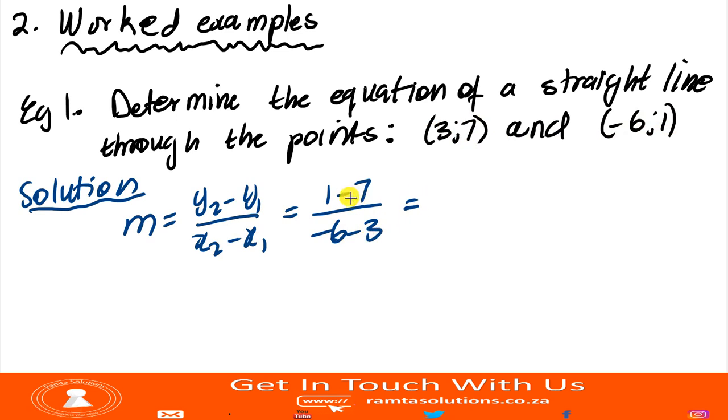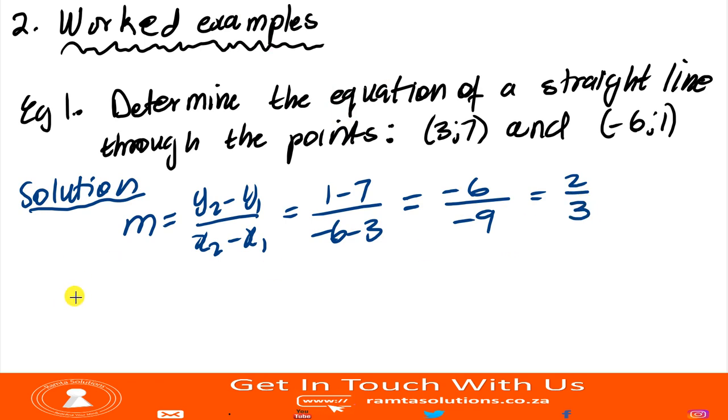So this is -6 over -9, which is +2 over 3.